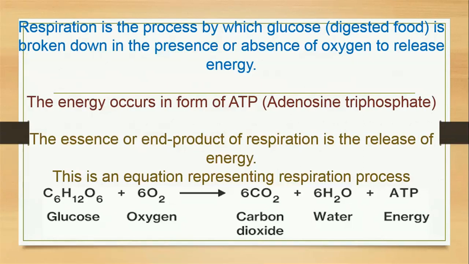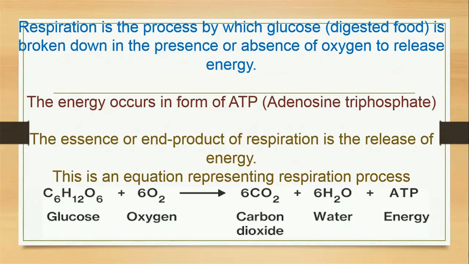Now, the essence or end product of respiration is the energy. That means at the end of respiration, what we stand to gain is energy. Now, energy is needed for work done. Without energy, an organism will not be able to move from one place to another or carry out all other body metabolism such as digestion, reproduction, and others in the body.